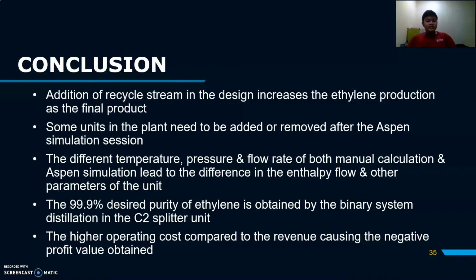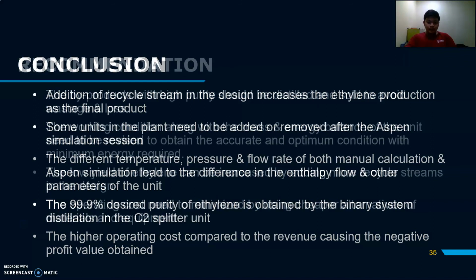Next, the different temperature, pressure, and flow rate of both manual calculation and Aspen simulation lead to the difference in the enthalpy flow and other parameters of the units. Next, the 99.9% desired purity of ethylene is obtained by the binary system of distillation in the C2 splitter unit. And lastly, the higher operating cost compared to the revenue causes the negative profit value obtained.